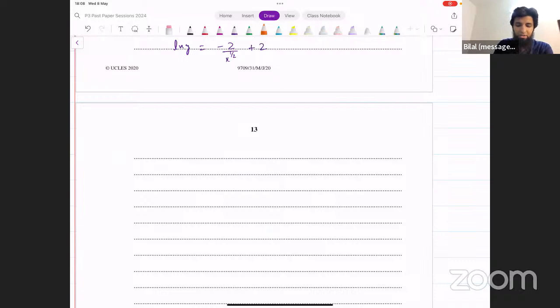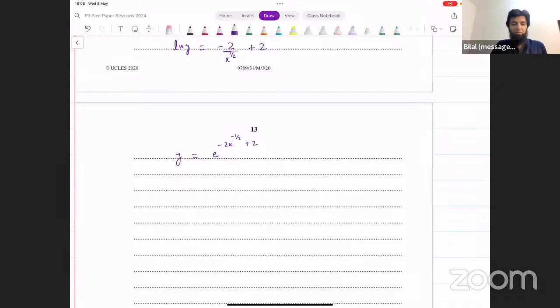e will go to the other side and become the base of this whole thing. So you get y equals e raised to the power minus 2 over x raised to the power 1 over 2 plus 2. Or you can also write it like this. You could say it's e raised to the power minus 2x raised to the power minus 1 over 2 plus 2.